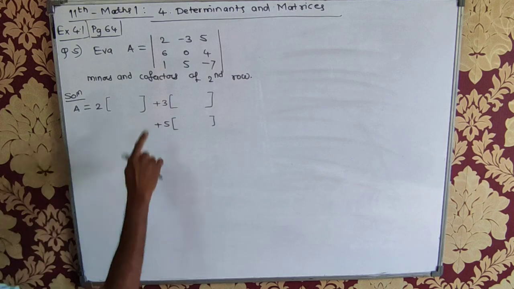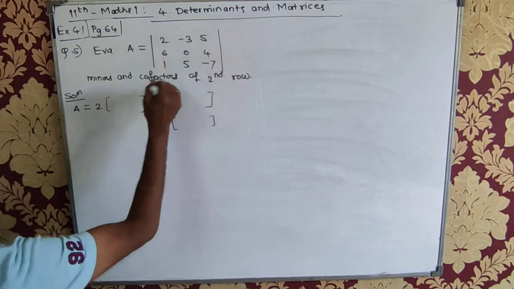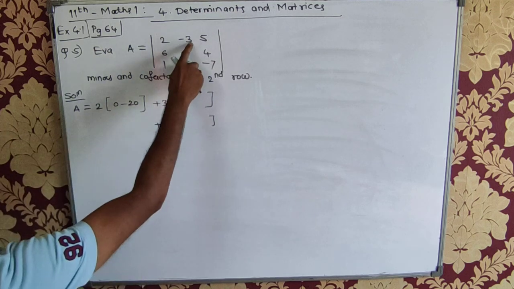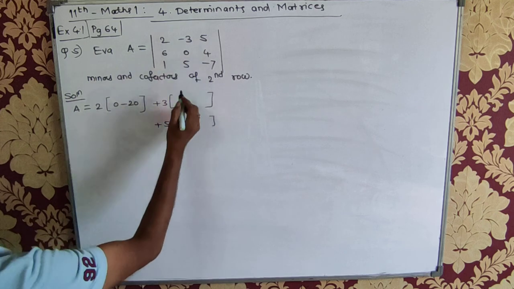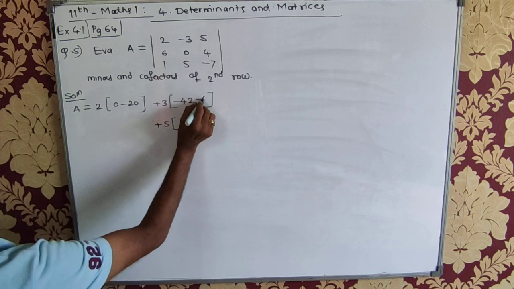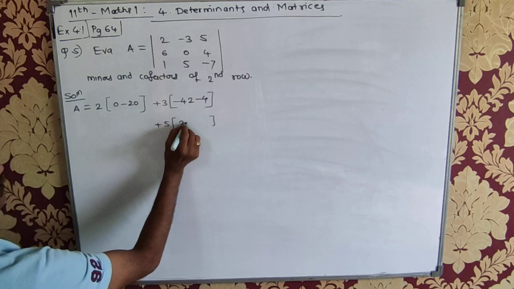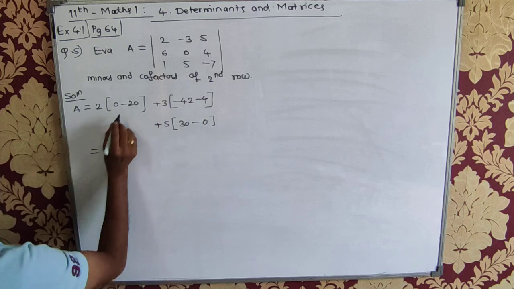Tell me now. 2 into this product minus 0 minus this product, minus 20. Correct. Plus 3 into this product minus 42 minus 4, 42 minus. Correct. 5 into 30 minus 0. So what do you get there? Minus 40.